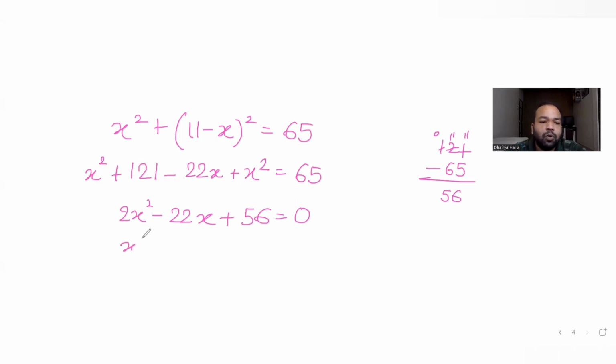Dividing throughout by 2, I get x square minus 11x plus 28 is equal to 0.